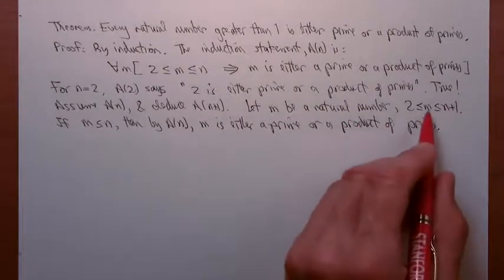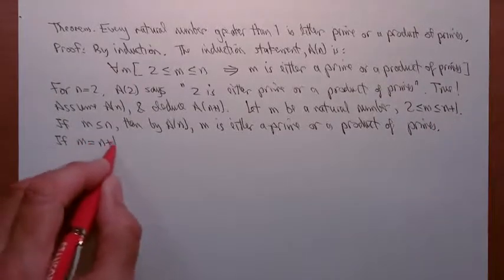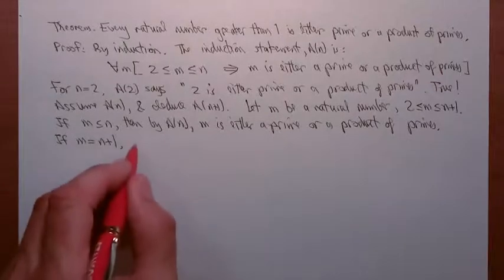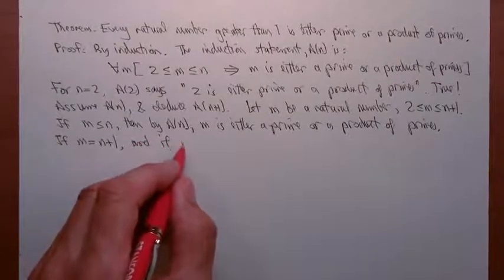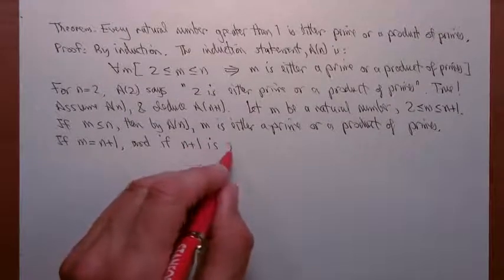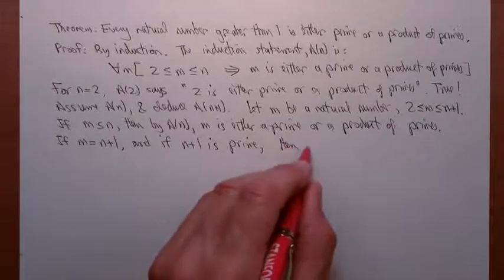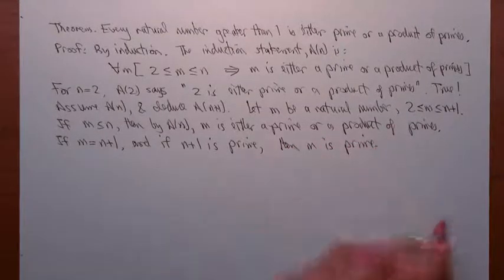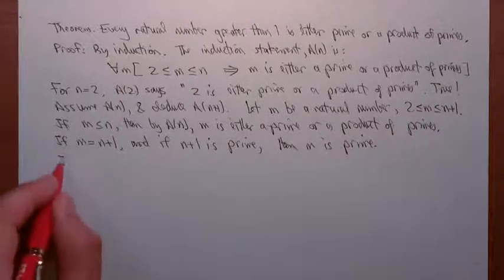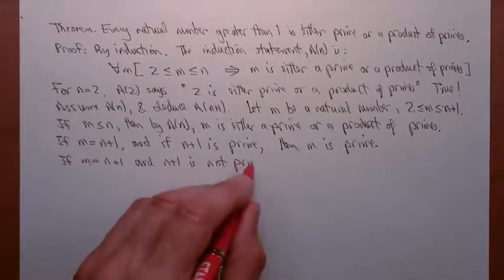The only other possibility is that m equals n+1. Well, if n+1 is prime, then m is prime. So what happens if m equals n+1 and n+1 is not prime?